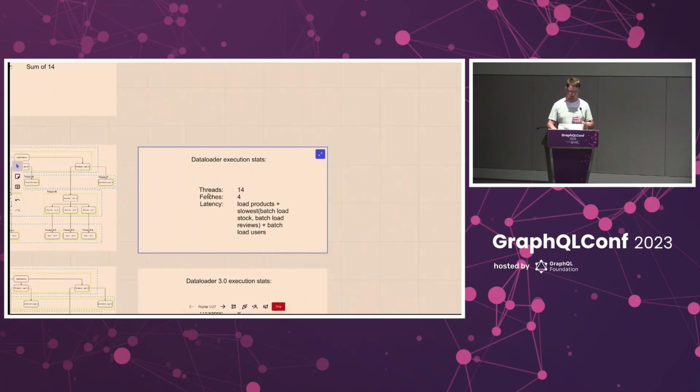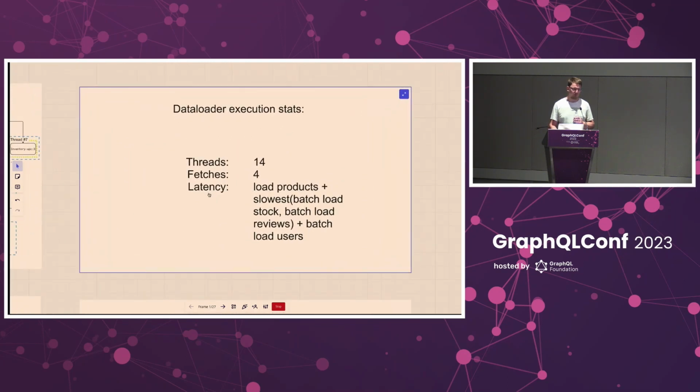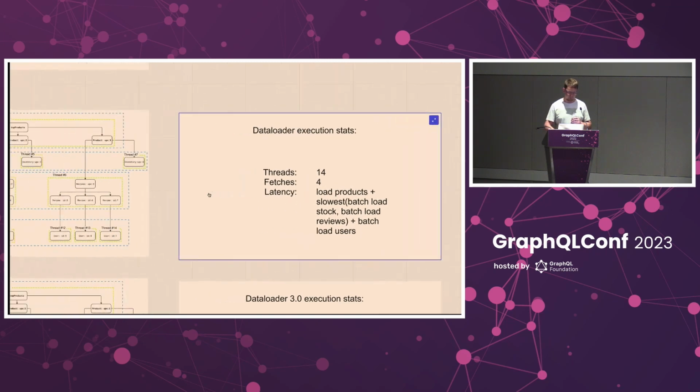Here are the data loader execution stats. So in this case, we have 14 threads. We do just 4 fetches, and the latency is the time it takes to load the products, then the slowest of batch load stock and batch load reviews, plus the batch load of the users. So that's definitely better in terms of time it needs, but now we need a few more threads.